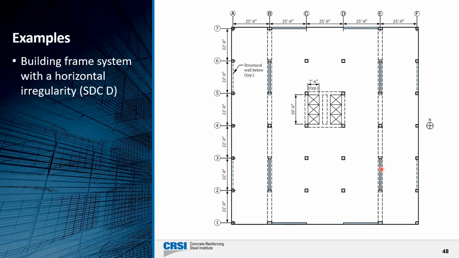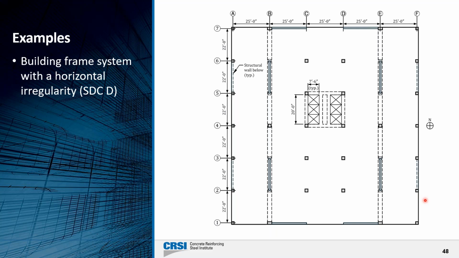Those then at this particular level are getting transferred out to walls A and walls F respectively. So this diaphragm between lines A and B and E and F need to be designed appropriately for the shear that's coming down from those shear walls and getting transferred out.